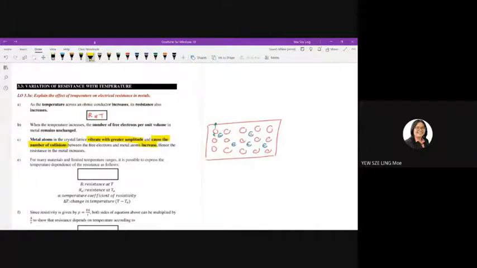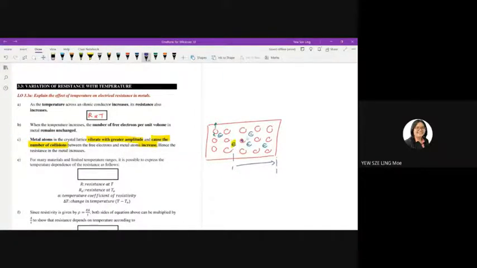So maybe initially, if this electron wants to travel from this position to the end on the right-hand side, it will just collide with this one atom.